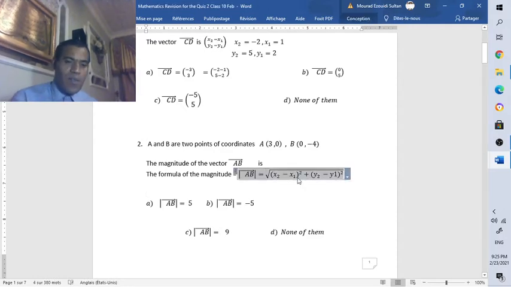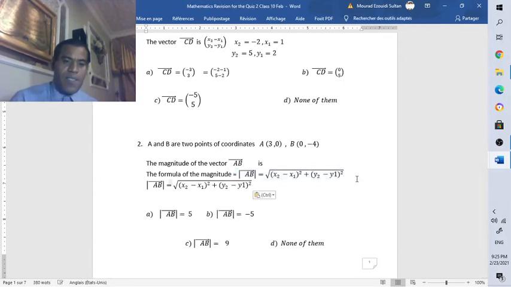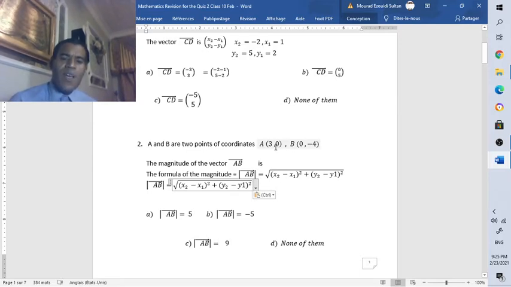I will copy and paste the formula here. You can see that x2, my learners, is 0, because I'm looking for the column vector AB. So instead of writing x2, I will write 0, then erase this one.